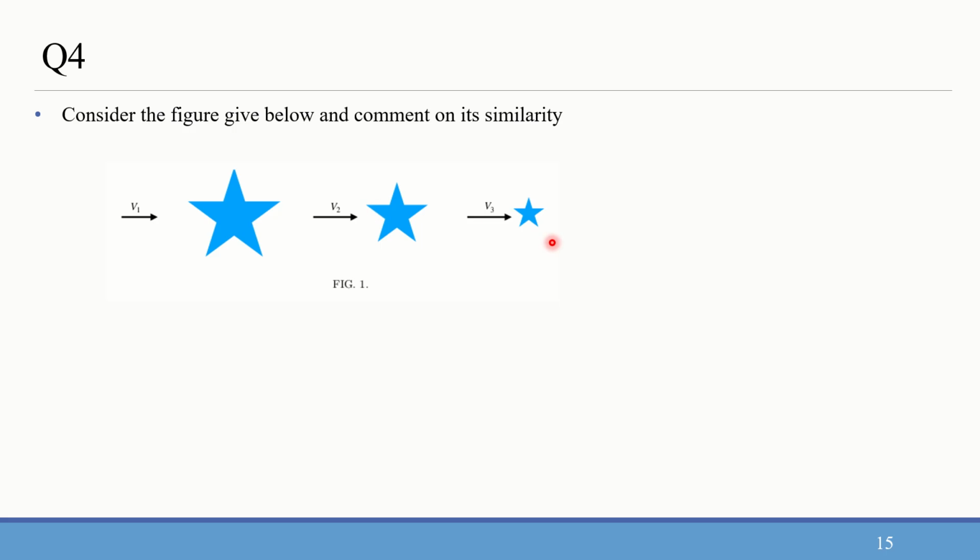All 3 are star shaped particles, but the velocity components are varying, so we cannot comment about that. But on looking at it, what we can comment is it is geometrically similar, because all 3 look similar, and the only variation is their size. So the answer is: the shapes given in the figure are geometrically similar.